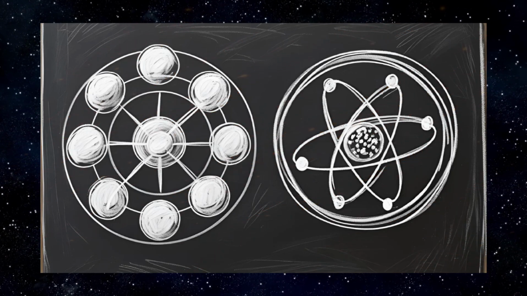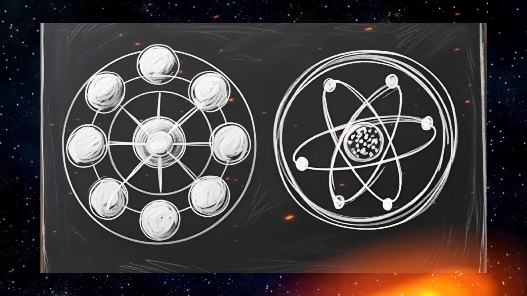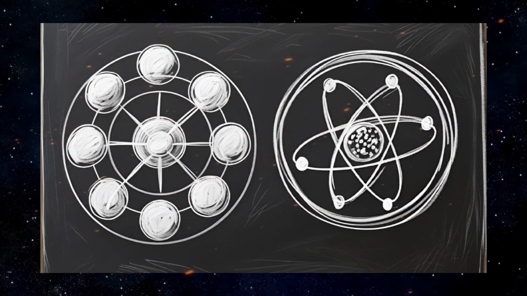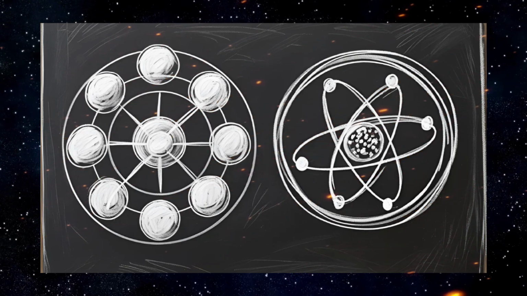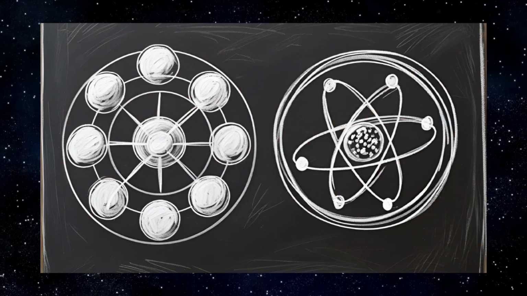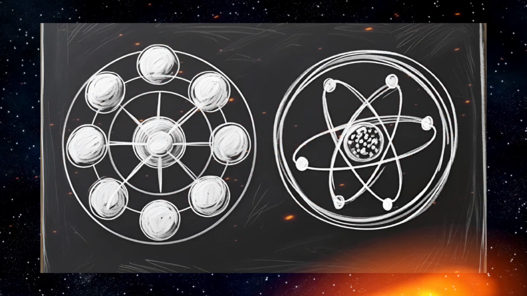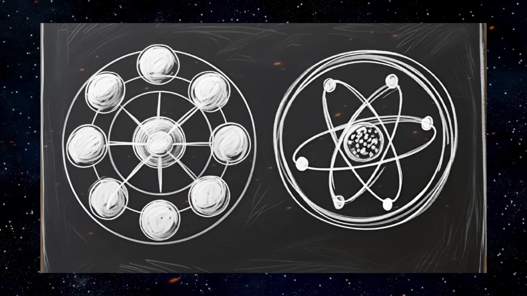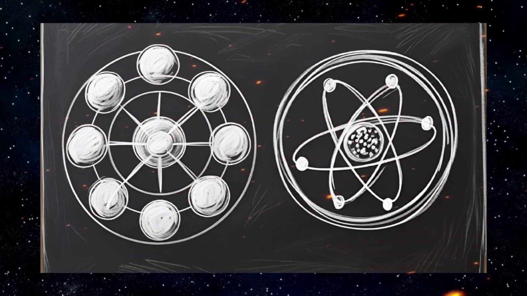Now we see how the table is organized as periods and groups. The structure that gives this scientific chart its extraordinary power and clarity. Although the periodic table contains more than 100 different elements, it is not a random list. Its true strength lies in how it arranges those elements into rows and columns that reflect deep, meaningful patterns.